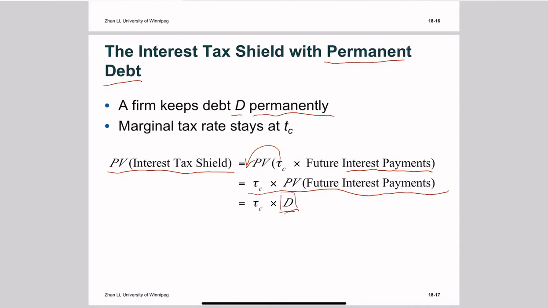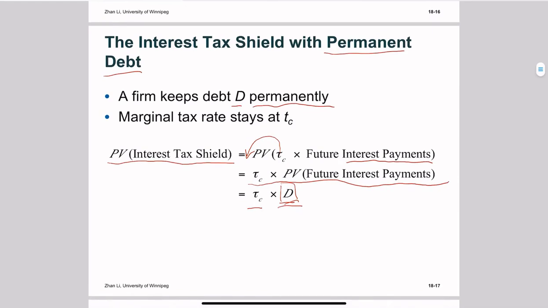Because by the Corporate Finance 1 valuation technique, we know that when you're valuing a bond, right, its value is basically the discounted cash flow of all future interest payments, right? So basically the present value of interest tax shield equals corporate tax rate times the level of debt.